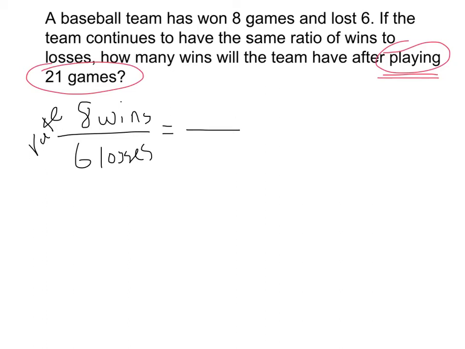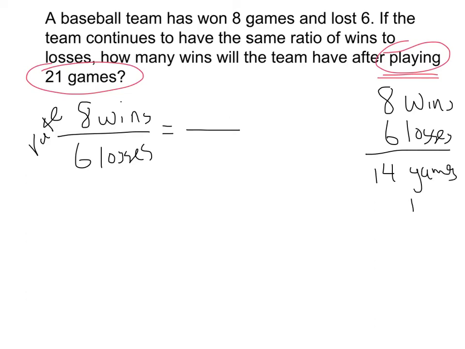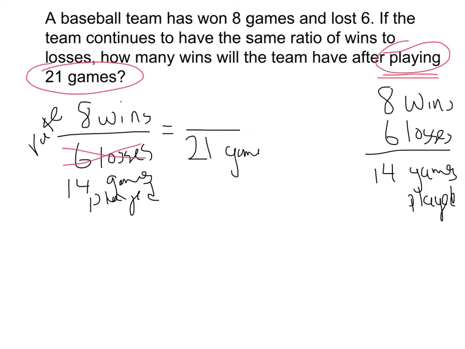So off to the side, you should probably list that you have 8 wins and 6 losses, and that means you have played a total of 14 games played, which allows us then to say, oh, we're not going to use 6 losses down here. In fact, we're going to use 14 games played, and that allows us to match our proportion so that we are writing a true proportion with 21 games played.